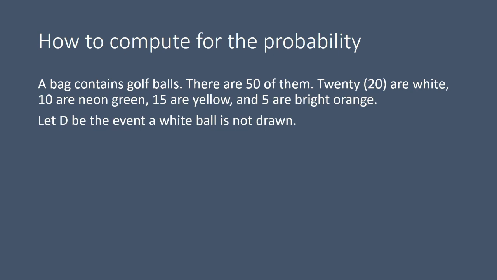Let D be the event a white ball is not drawn. Okay, so we are rephrasing the question here differently. Find P of D. P of D is equal to N of D divided by capital N. Let us look at the sample space. How many outcomes are there in the sample space in which the color is not white?